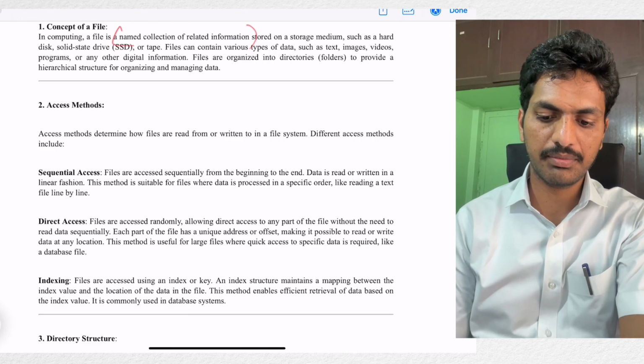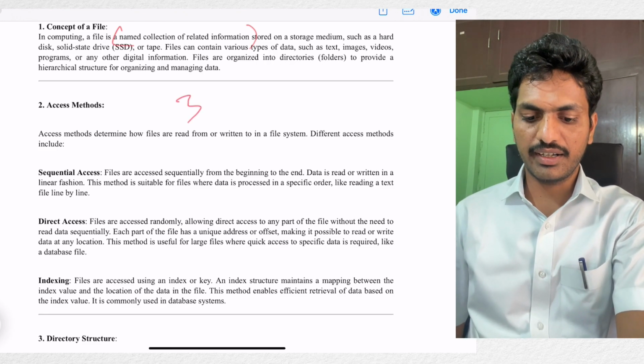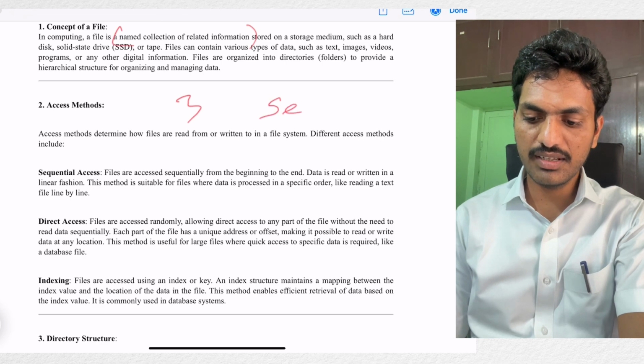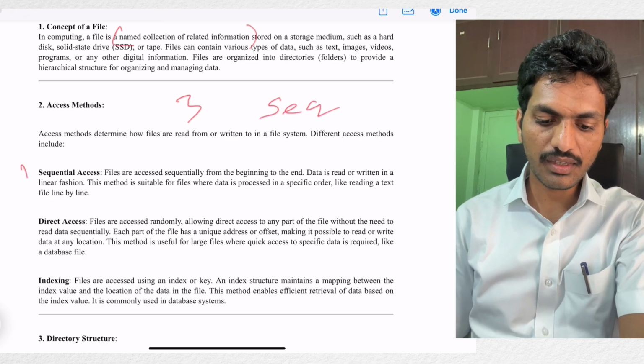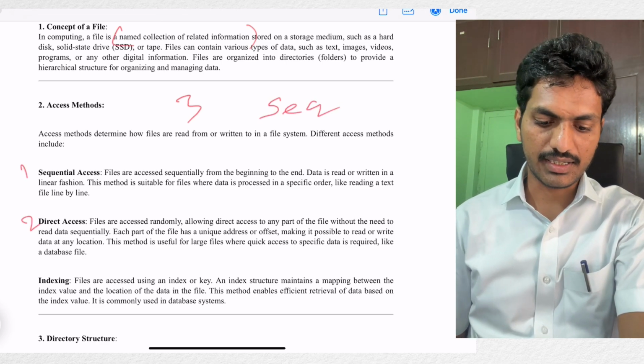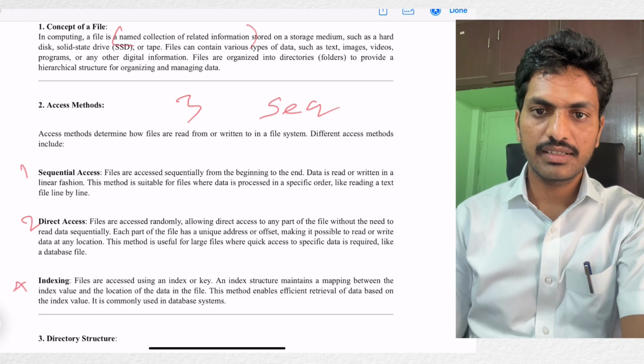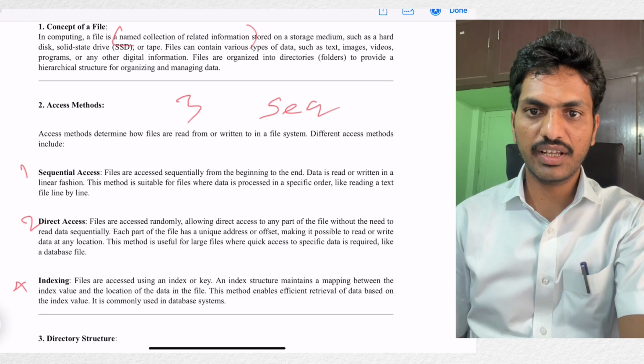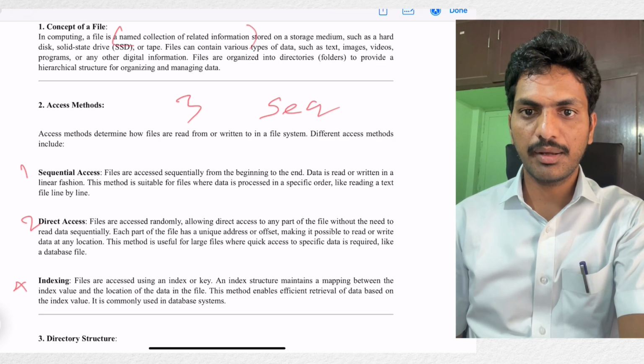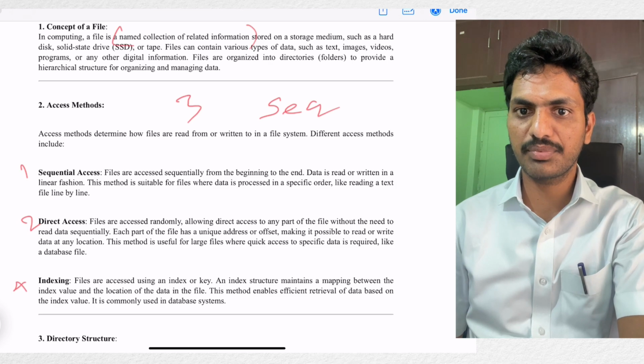How many types of accessing methods? There are three types. First one is sequential, second one is direct access, third one is index access. Sequential means first you access number one, then number two after completion of number one.